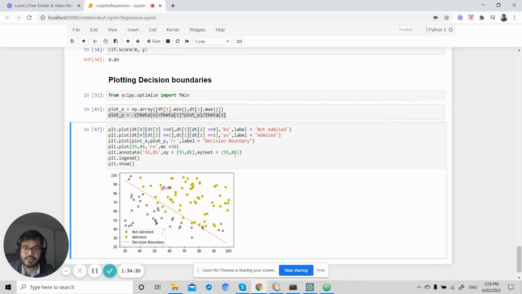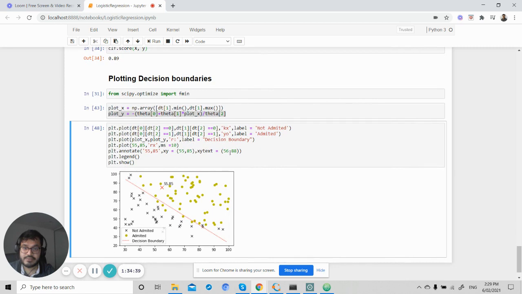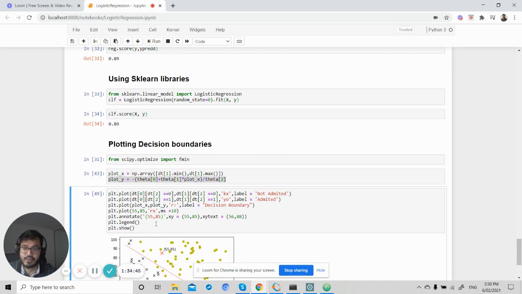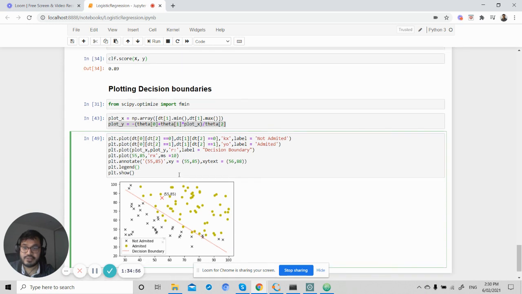So this is one point. This is my point. So this is where we say if a person has a score of 55 in exam 1 and a score of 85 in exam 2, then the person is admitted.